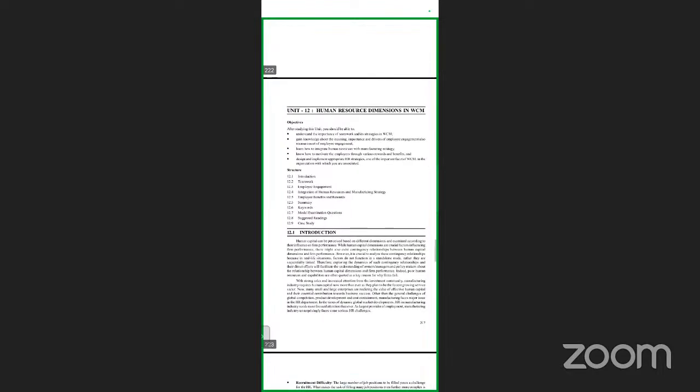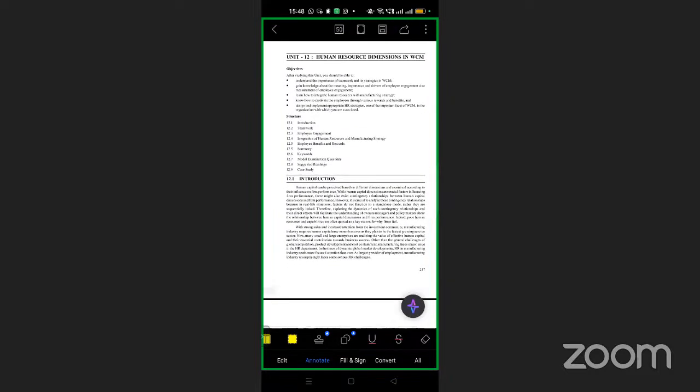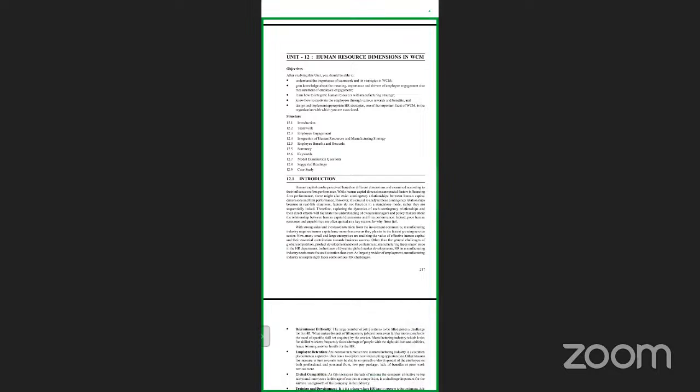So under that, first we discuss HRD dimensions in WCM. If you look at there, we have teamwork, employee engagement, integration of human resources and manufacturing strategy, employee benefits and rewards.